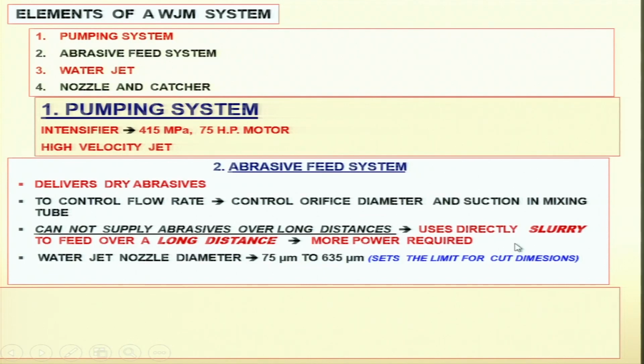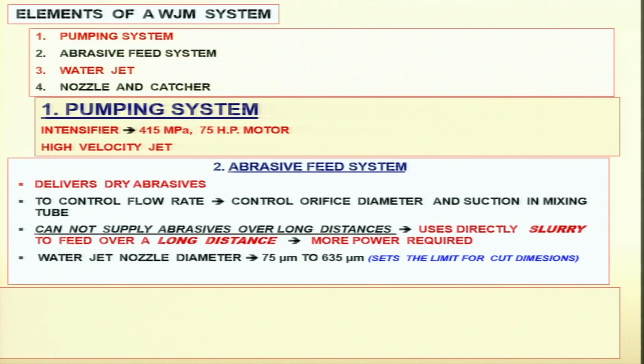Slurry is the one, as I mentioned earlier, where a liquid medium is there, having the abrasive particles mixed with it, that is known as slurry. To feed over a long distance, more power is required in that particular case.